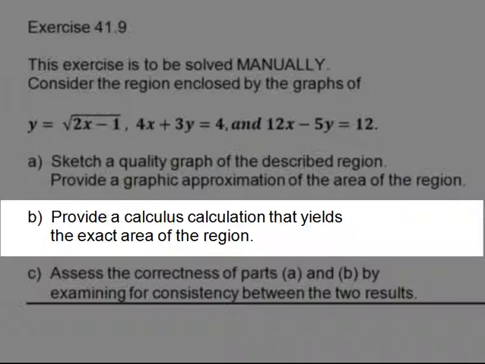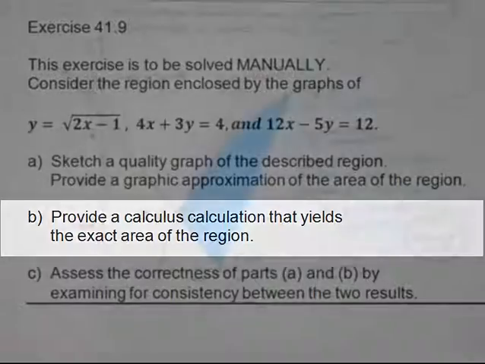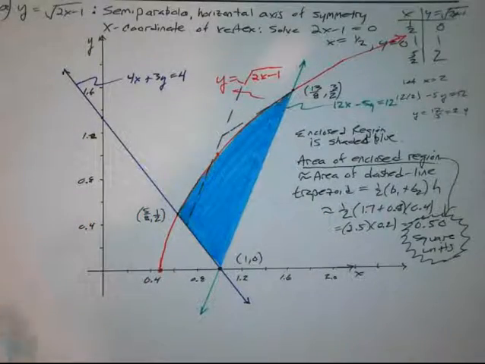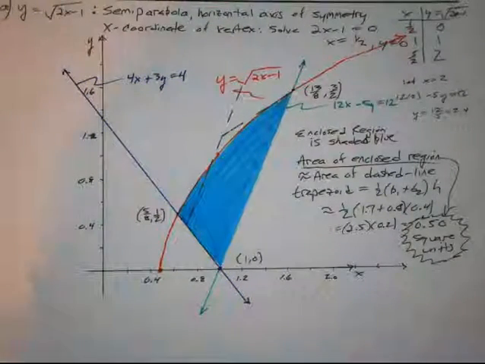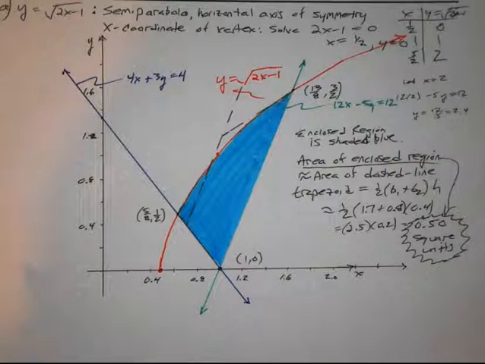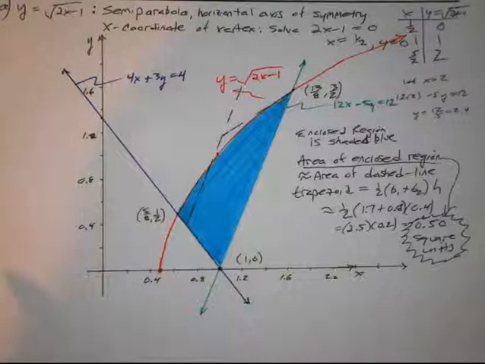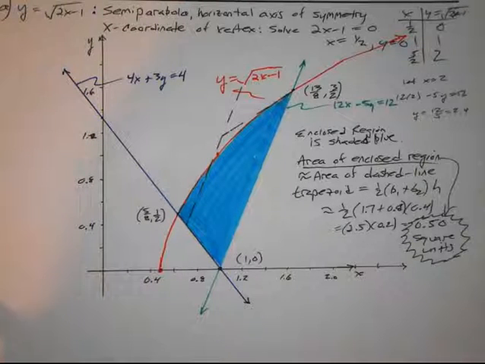Part B. Provide a calculus calculation that yields the exact area of the region. Okay, in the past we've always been slicing up our region with usually thin vertical rectangles and then formulating the area of one of those rectangles and then summing the rectangles. In this case, we could do that. However, looking at this region, there's something special going on here, and that's due to these straight lines here.